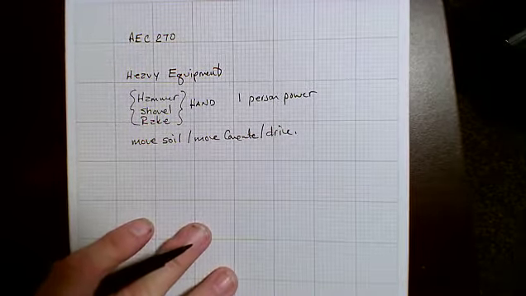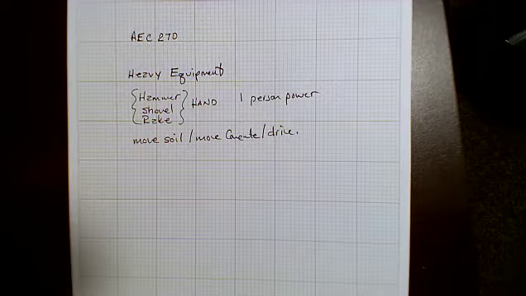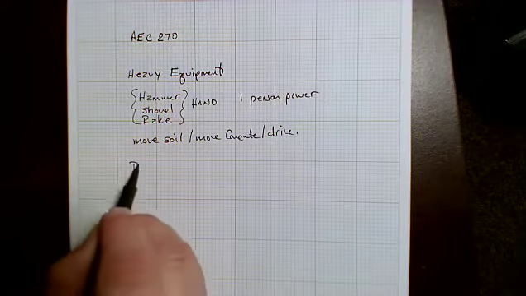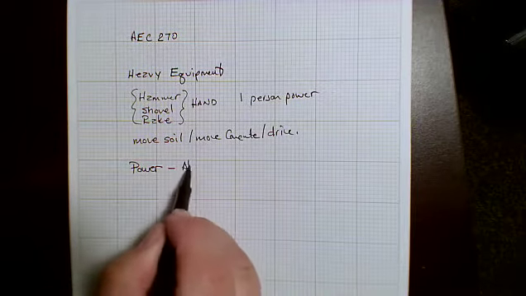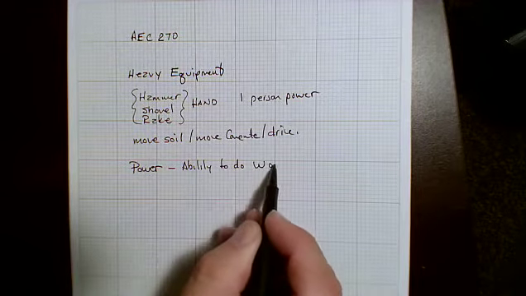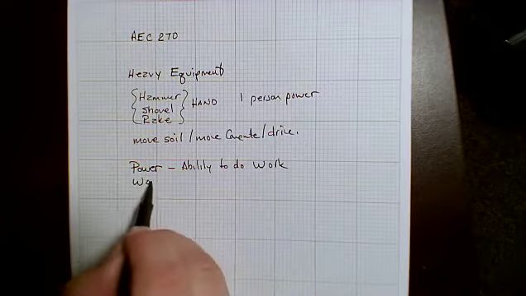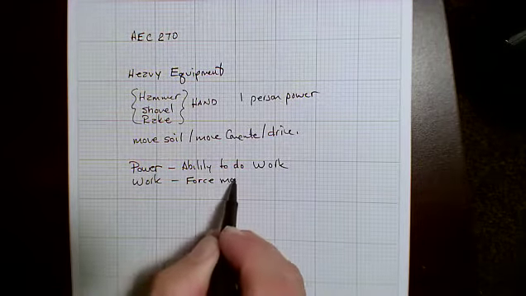Heavy equipment takes advantage of our ability to convert fuels into power. Remember, power, from your physics, is the ability to do work. And work is a force moving through a distance.